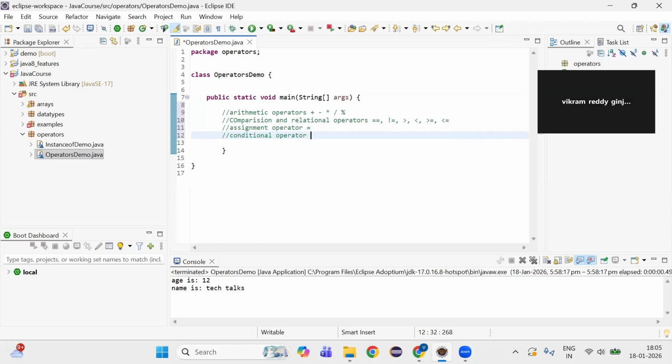So we have this one, which is logical AND. Logical AND means if the first expression is true and the second expression is true, then only we take the result as true. And we also have OR, whose symbol is given by this one. This denotes that if any one of the given operands is true, then we take the condition as true.